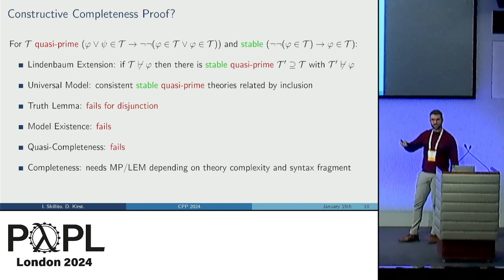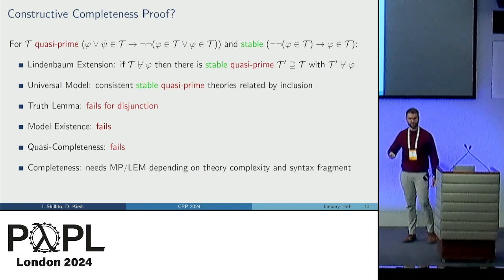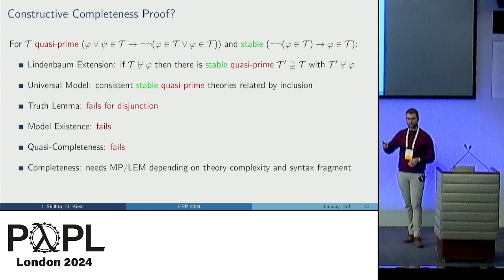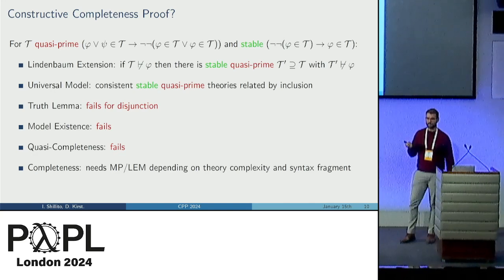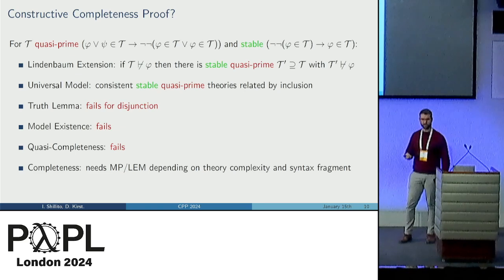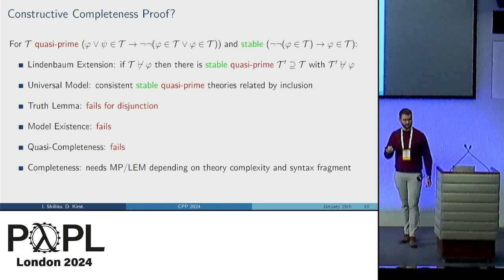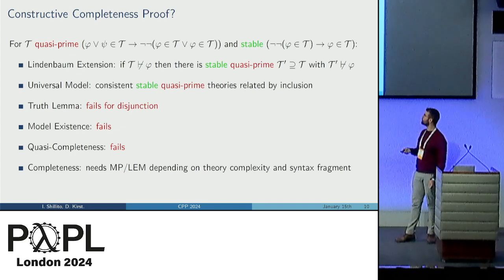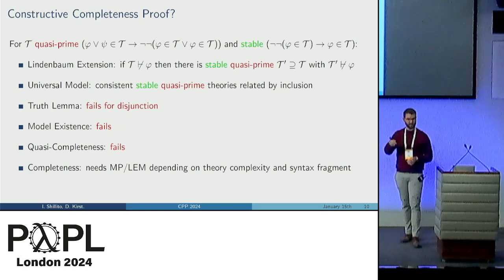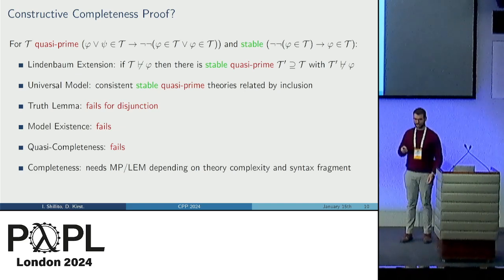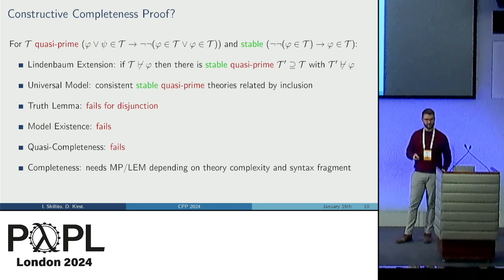It characterizes membership in an extension by non-derivability, so by a negative property, which in turn makes the membership in such an extension double negation stable, meaning you can argue membership in a theory by contradiction. So you have a bit more hope. You can still use the same universal model, still start on proving the truth lemma. You can argue classically for membership in the theories, but then you're blocked at the exact case of disjunction.